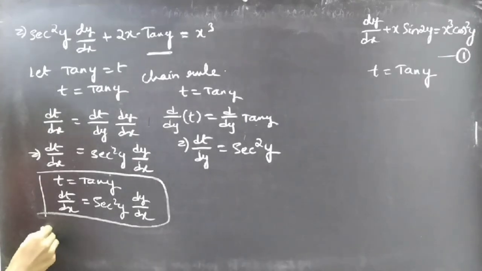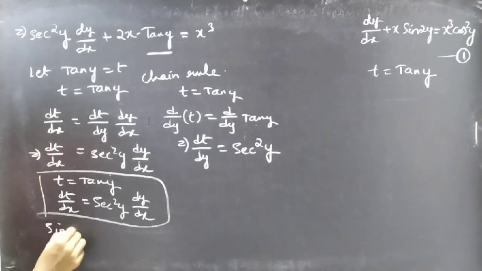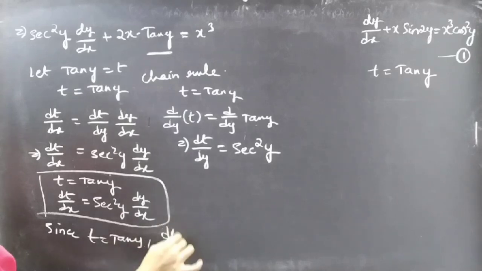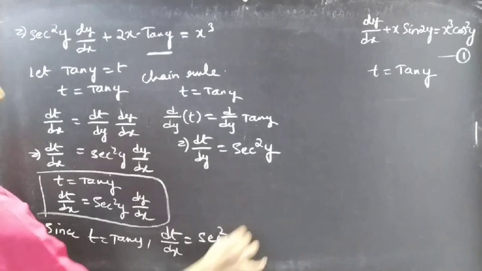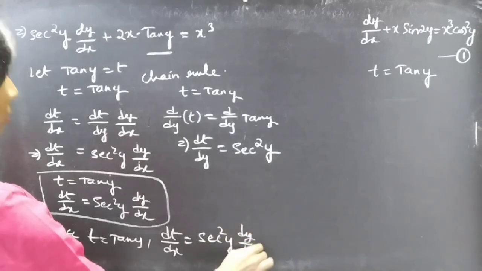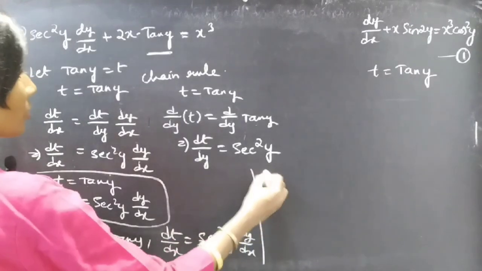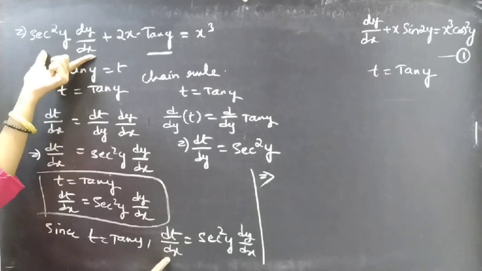Now the above equation becomes, since t equals to tan y, then dt by dx equals to secant square y into dy by dx. Then the above equation becomes secant square y into dy by dx can be replaced with dt by dx.